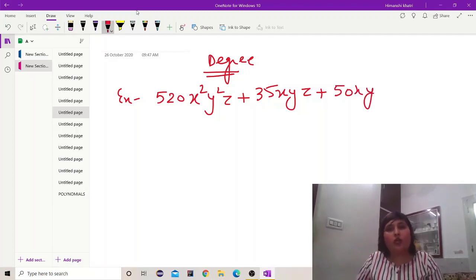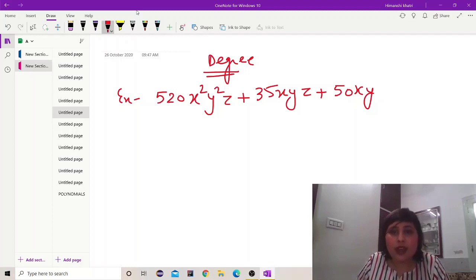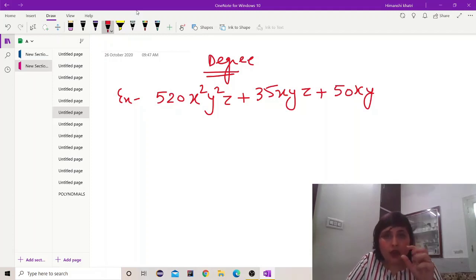Now how do we calculate the degree of a polynomial? The first step to calculate the degree is to check which term has the maximum number of variables.